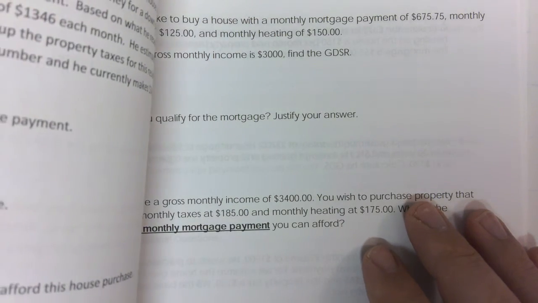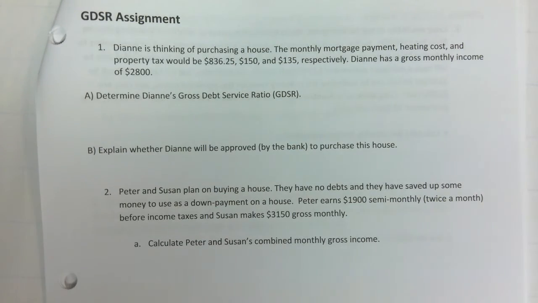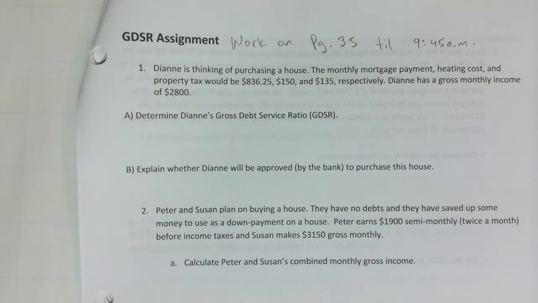Then I'll mention one more thing on page 36 before we move on. So 10 to 15 minutes working on this right now. I apologize if some of you aren't done yet.